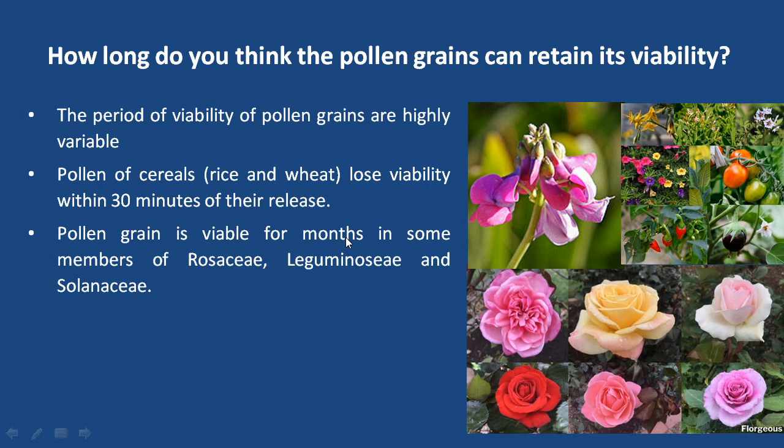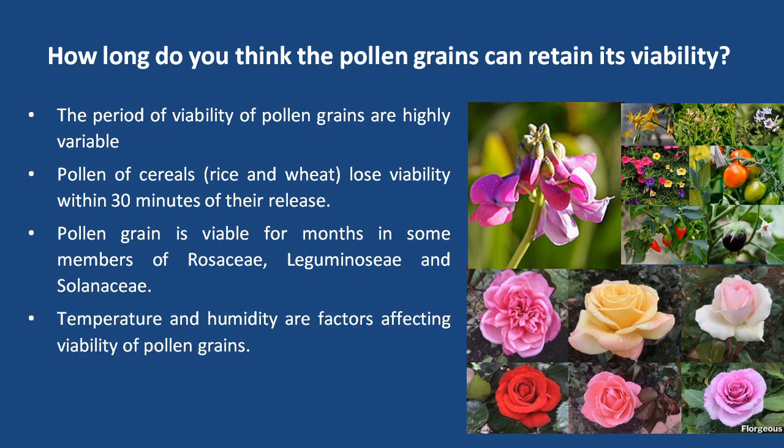So viability of pollen grains can differ from few minutes to months. Some even can survive for thousands of years due to presence of sporopollenin in the exine of pollen grains. So the main factors which are affecting the survival or viability of pollen grains are temperature and humidity.